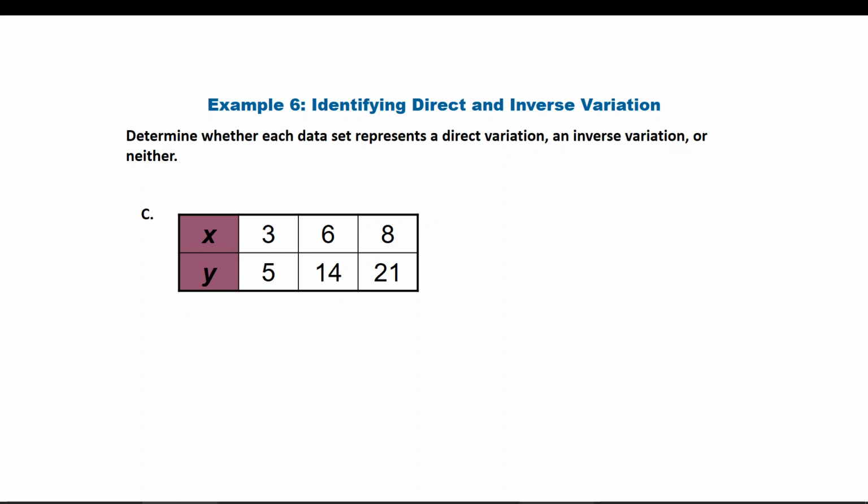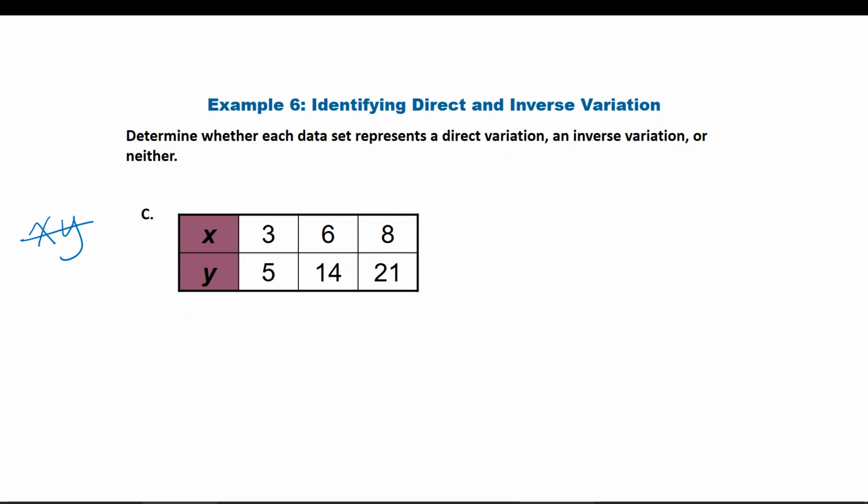All right, one more example. Let's first test to see if it's an inverse variation. An inverse variation will be x times y. 3 times 5 is 15. 6 times 14 is not 15, so I know it's not an inverse variation.